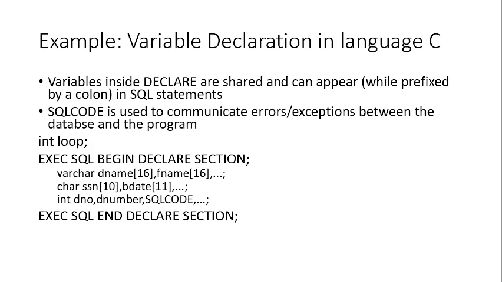As I told you, SQLCODE and SQLSTATE are SQL communication variables. They are used to communicate errors and exception conditions between the database system and the executing program.